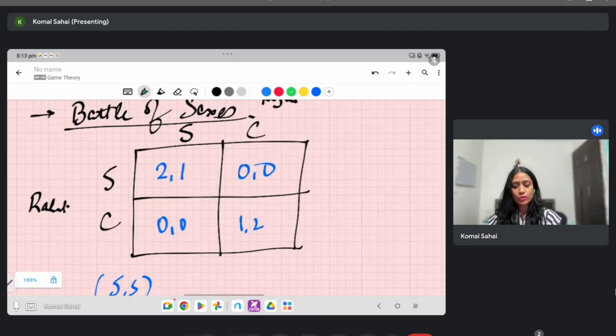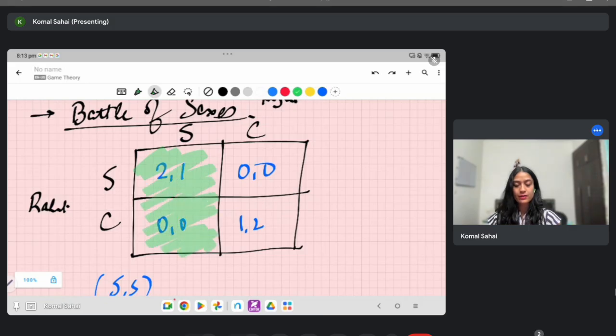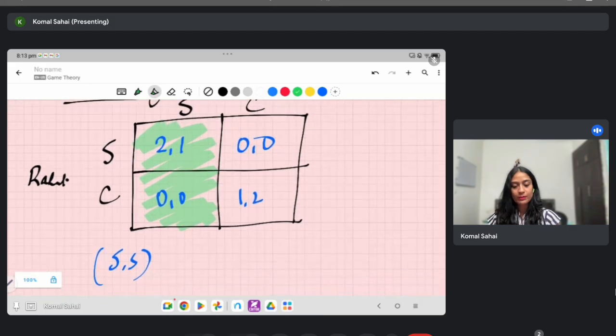So if player 2 is going to stand up, then following the equilibrium strategy would mean that player 1 will get a payoff of 2, and not following it would mean that he'll get a payoff of 0, right? So that means player 1 will not deviate. Player 1 is not deviating.